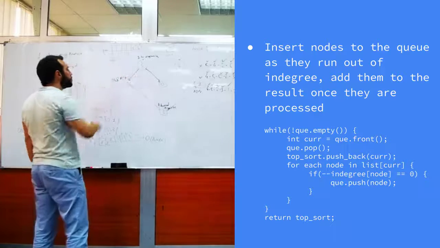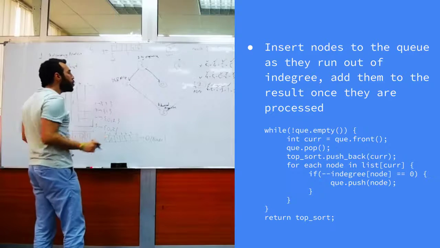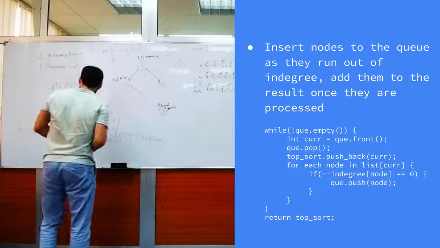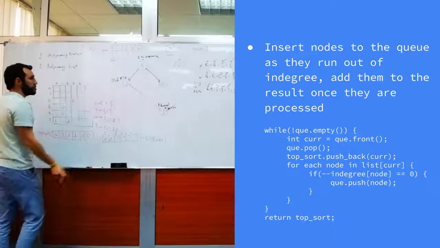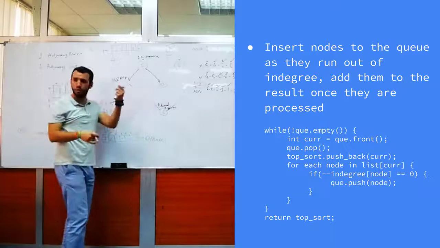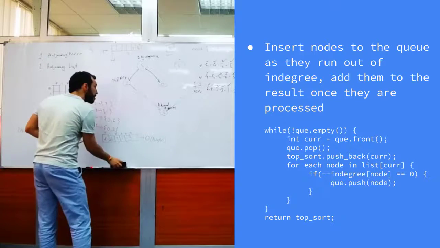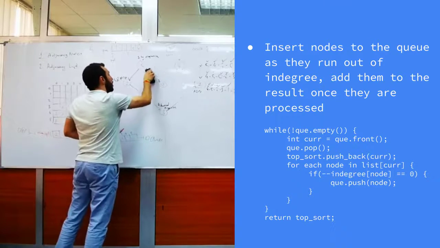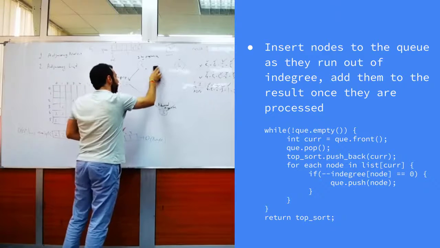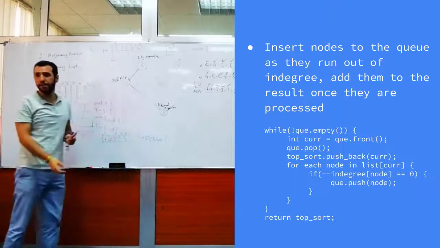And I do the same thing for 5. So 5 has 2 outgoing edges, 1 to 2, 1 to 0. Let's say we always start from the smaller one for the sake of consistency. So we are going to get rid of this edge. But this getting rid of the edge is conceptual, as I said.